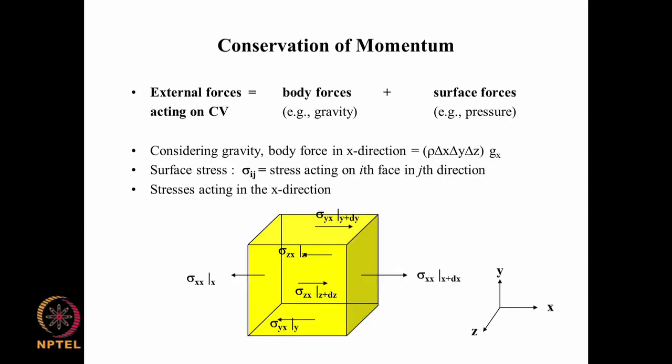What kind of external forces can be there? Okay. When we consider the most general case, these can be volumetric forces spread over the entire volume, anywhere in the volume, like gravity, or they can be surface forces like the stresses that may be applied, or the pressure that is applied on a face.